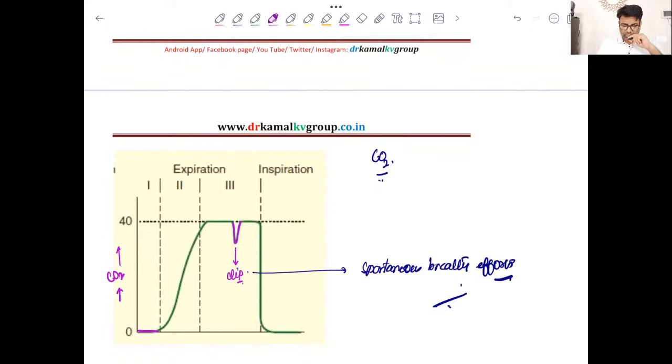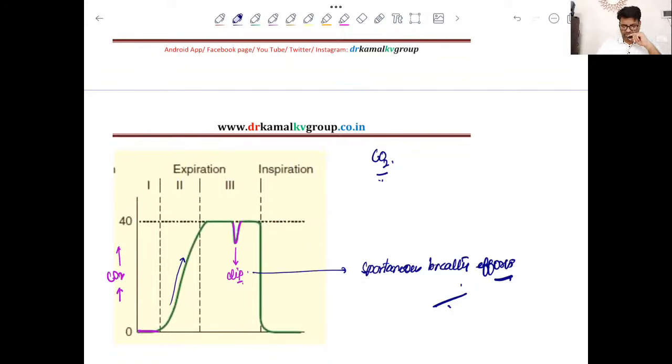So initially there is a slight phase 1, okay? And then in phase 2 there is the CO2 which is released from the pulmonary area, especially the anatomical dead space.